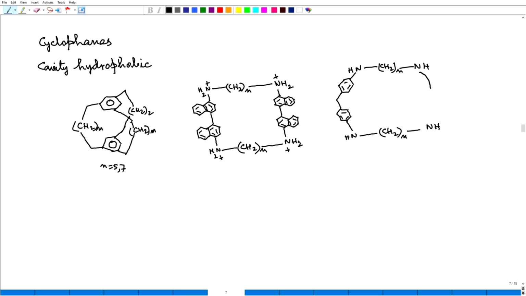We do not have too much time to play around with writing structures. So, these kinds of compounds can be made soluble in aqueous medium when the nitrogens are protonated with acids. So, these can be water soluble cyclophanes.